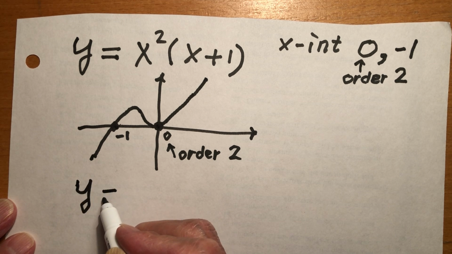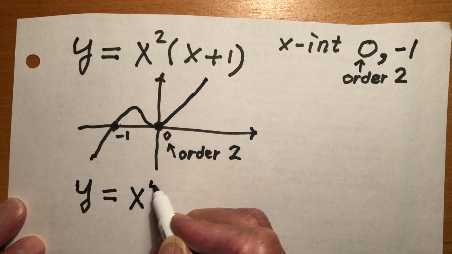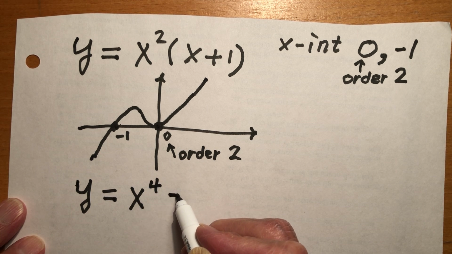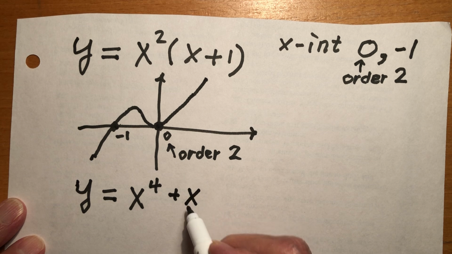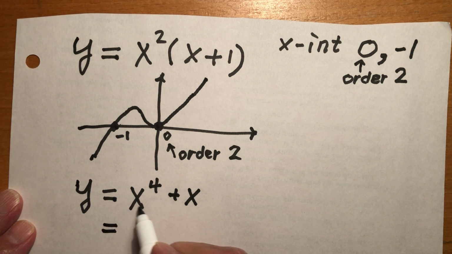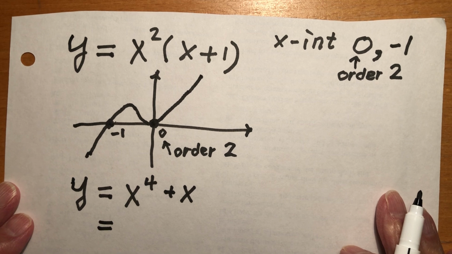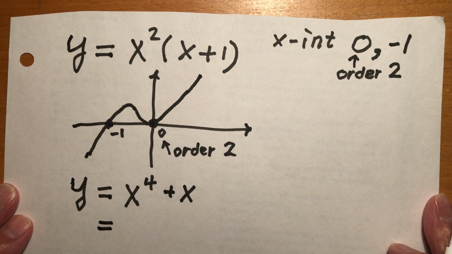Y is equal to x to the power 4 plus x. Now, this is not factored yet. As I said, if you can factor it, it's easier to see the graph.